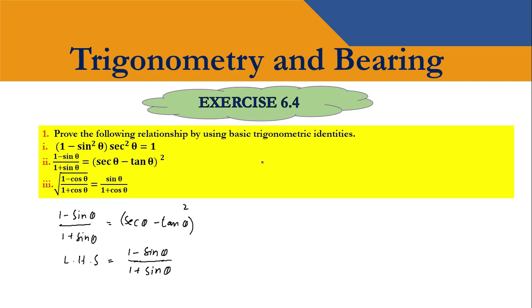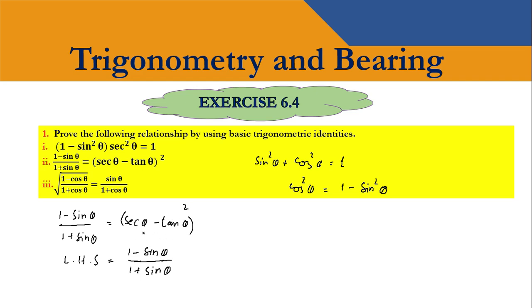As we are fully aware, sine square theta plus cos square theta is equal to 1, and we also know that cos square theta is equal to 1 minus sine square theta. To convert this value into secant and tan, you need 1 over cos square theta and sine square theta over cos square theta.